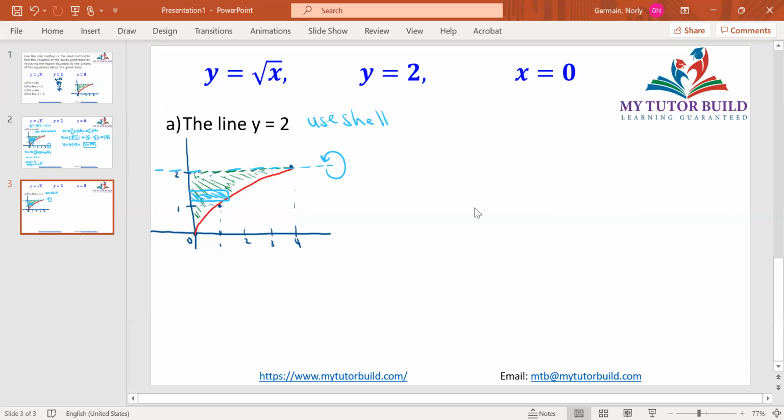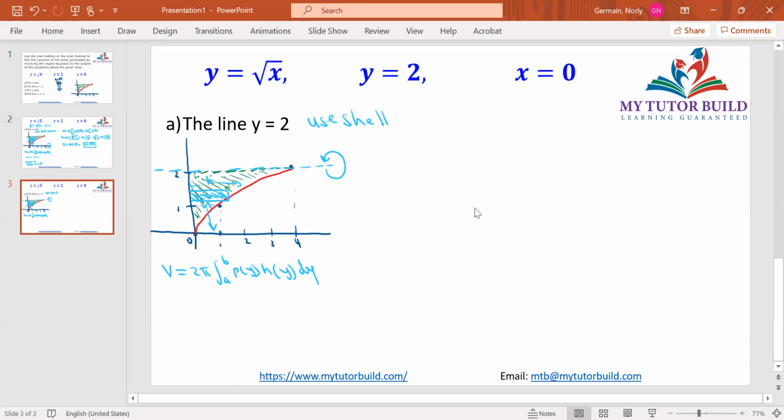And when we do that, we're going to consider this as our h again, and this is our p, with the formula V equals 2 pi integral from a to b of p of y, h of y. In some books, instead of saying p of y, they say r of y, which is the same thing. We integrate with respect to y.